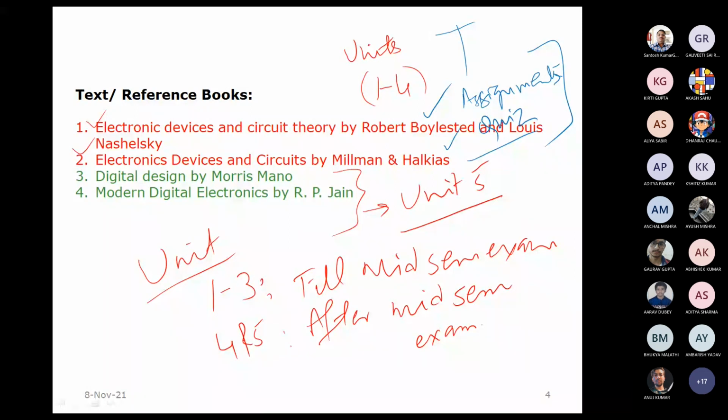Actually, people sometimes start with the fifth unit first, and then go 1, 2, 3, and 4. But here we will be going in the serial order as it is given: 1, 2, 3, 4, 5, like this.